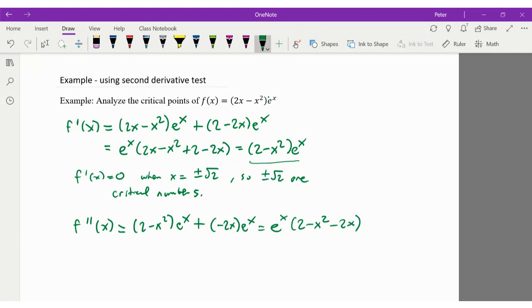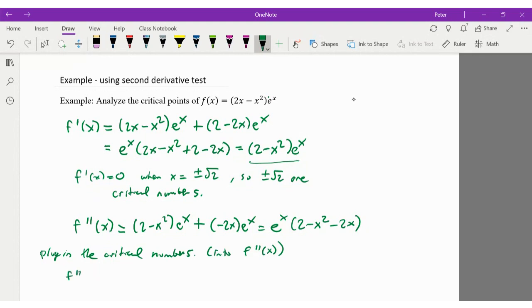So that's the function for the second derivative. Now we can plug in the critical numbers. Plug them into f double prime of x.